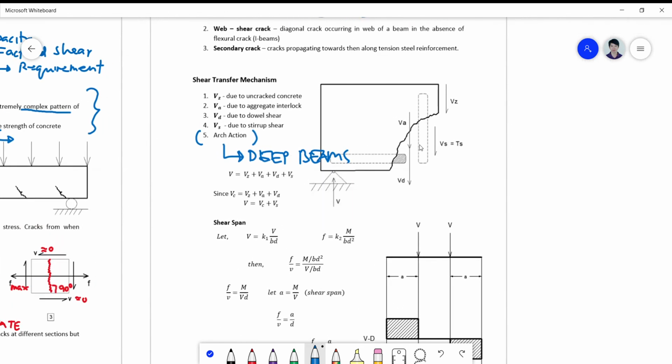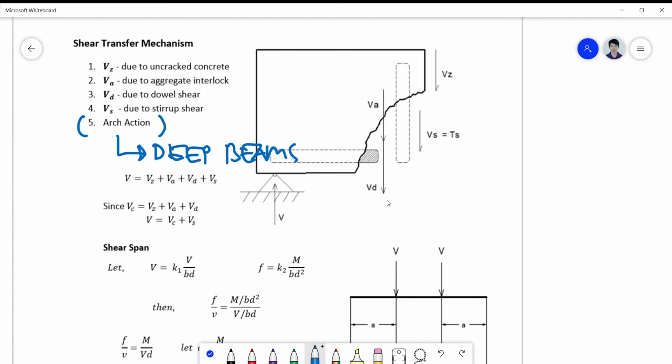If you will notice, I have here a figure in which your Vz, Va, Vd, Vs are shown. So this is now your Vz. Your Vz is due to the uncracked concrete. So this portion here is uncracked. For Va, that is due to aggregate interlock. So if you have some aggregates here, you call this aggregate interlock across the shear cracks.